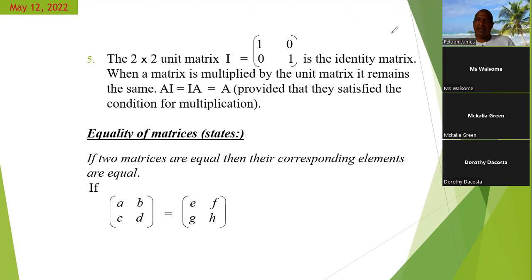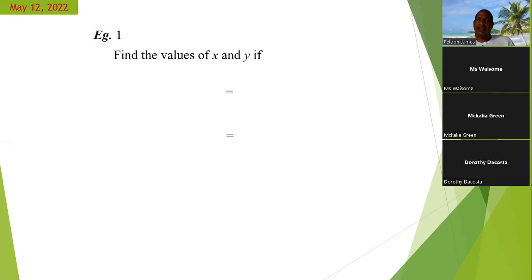All right. So with that said, moving on. Now, here we have A equal to E, B equal to F, C equal to G, and D equal to H.